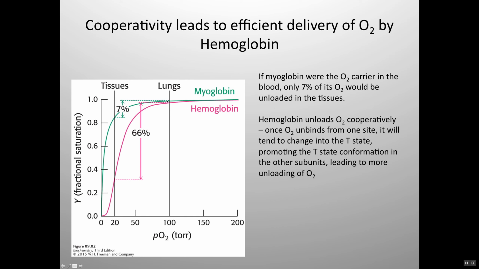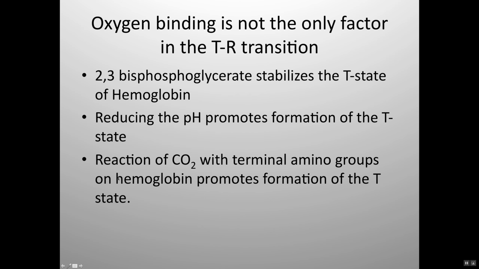Once one oxygen unbinds from one site, that site will change into the T state. It's going to promote the T state conformation in the other subunits, leading to more unloading of oxygen. So hemoglobin, because it can undergo this R to T state transition, can unload oxygen very effectively when it's in this low oxygen environment.